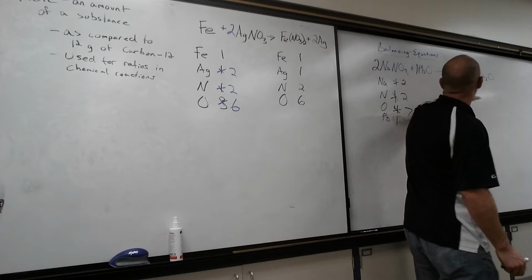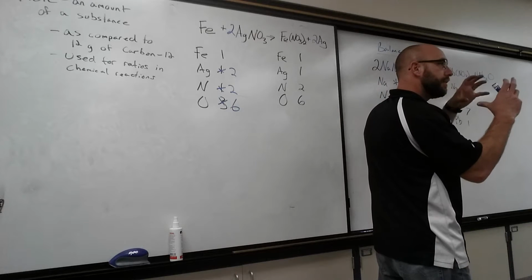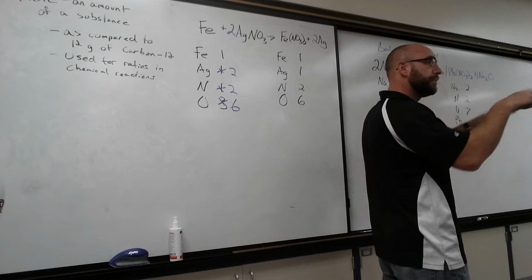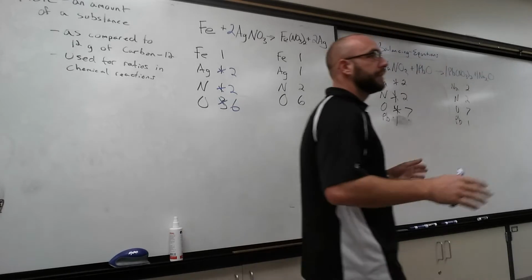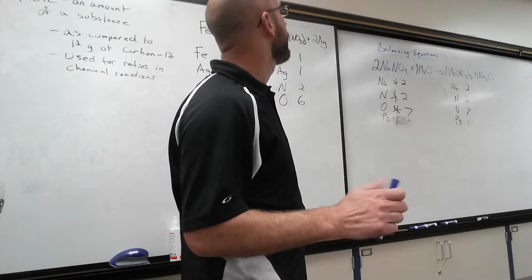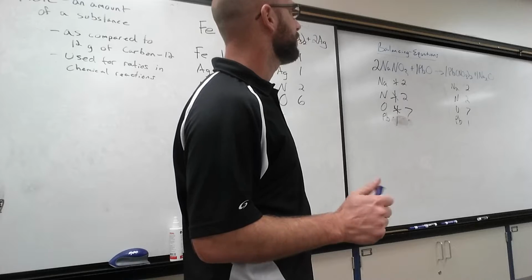There are 2 nitrates here. There's only 1 nitrate here. Does that make sense? So the number of atoms there is greater. So we double it. So ultimately it's going to come out the same. What we're doing is making it balance, making it equal. Good question. I don't think I've ever had anybody ask that question, but it's a good question.